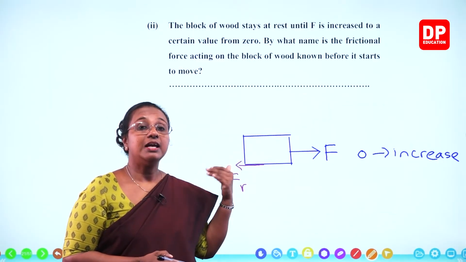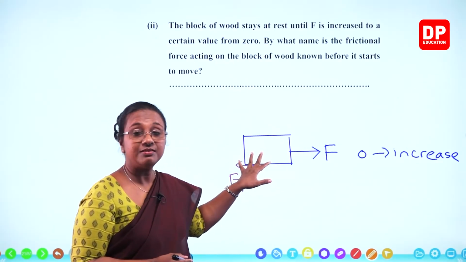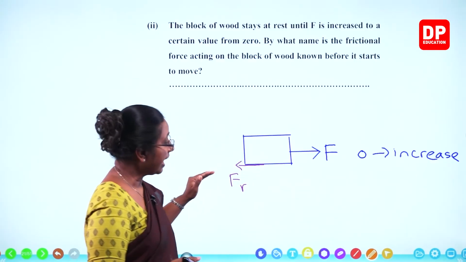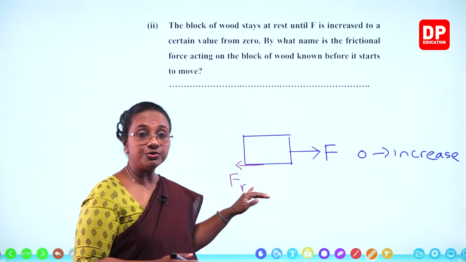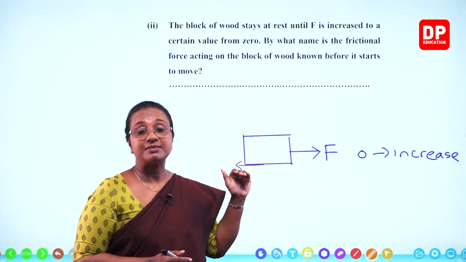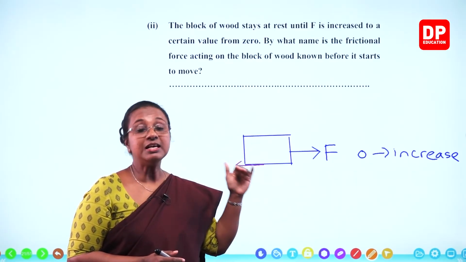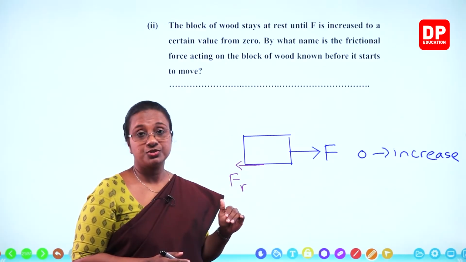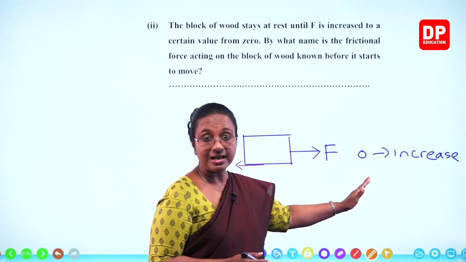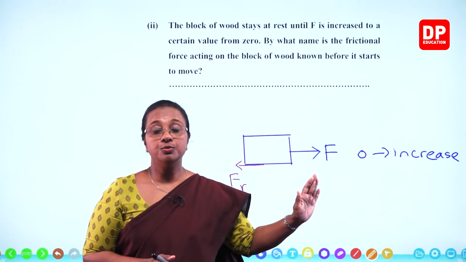It keeps on increasing, but still the object is at rest. So we call it the static frictional force. As we increase the applied force, the static frictional force increases and reaches a maximum value. That maximum value is known as the limiting frictional force. Thereafter, if you apply a higher force, of course the object starts to move.